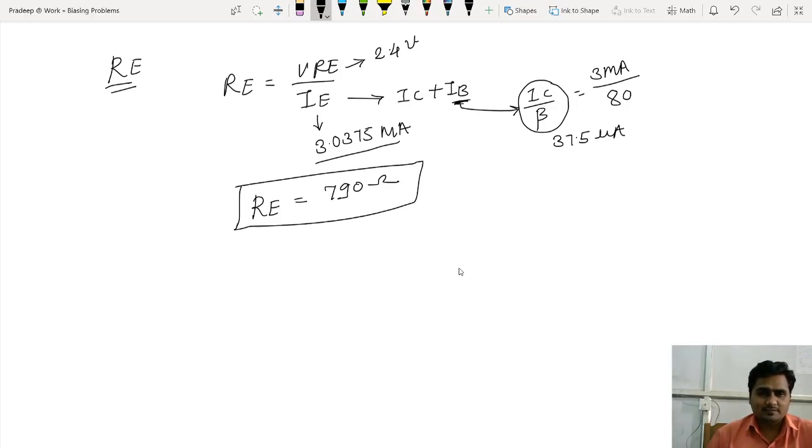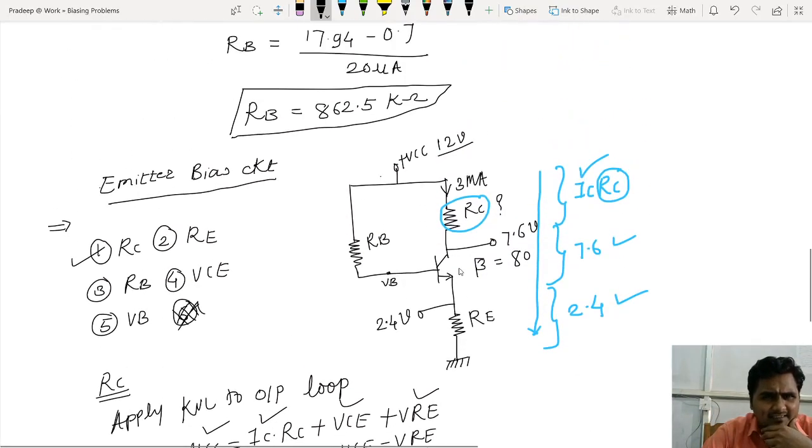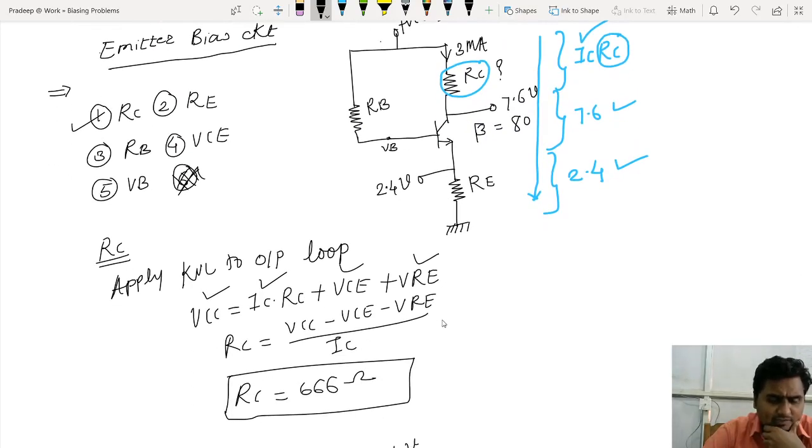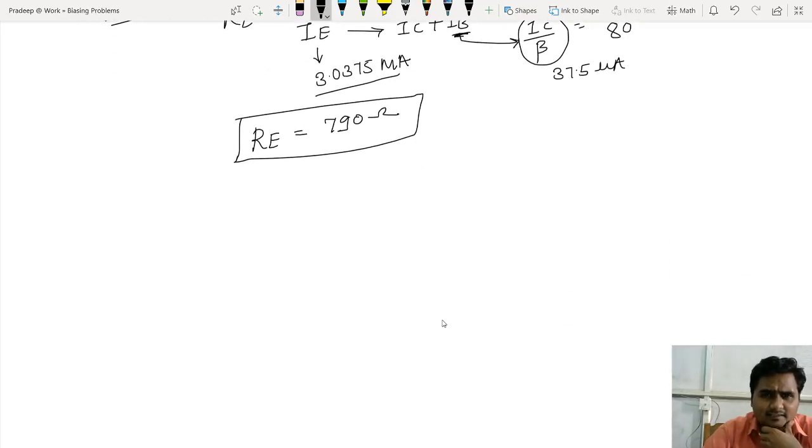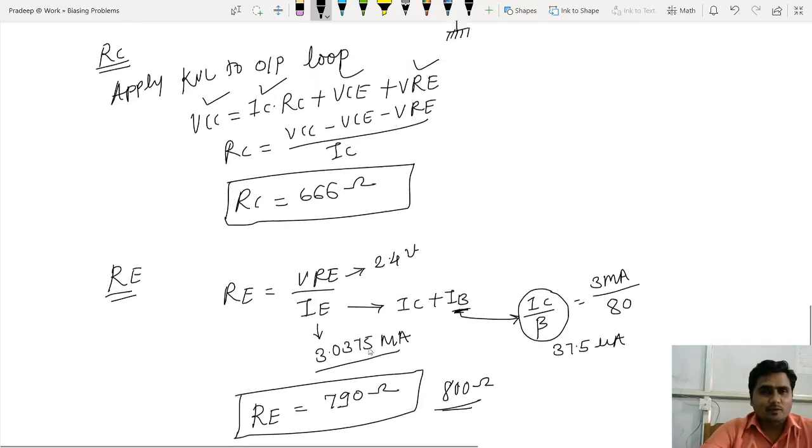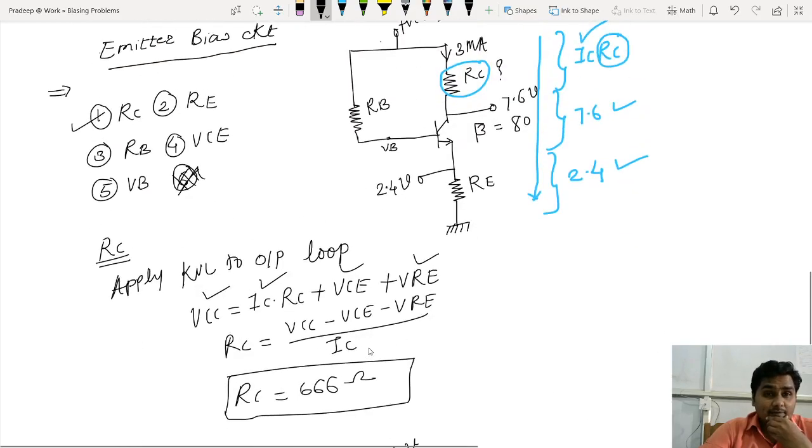Everyone check your answer. If you are getting approximately 800 ohm, that is also okay, because the whole design subject is based on approximation. After that, RB, VC and VB.